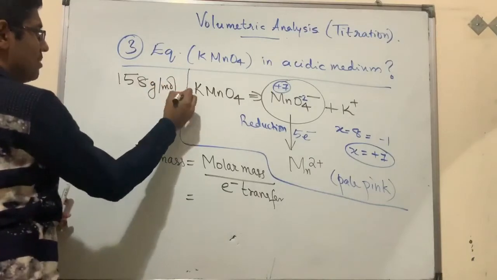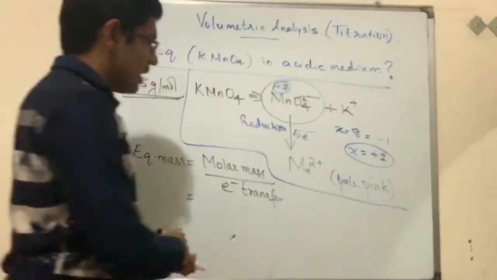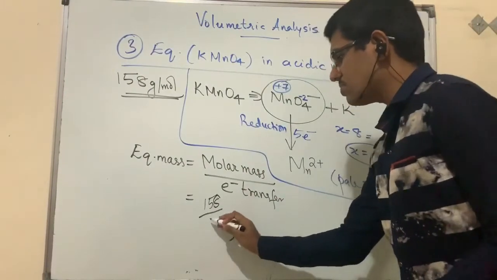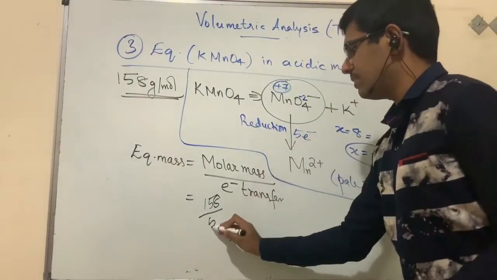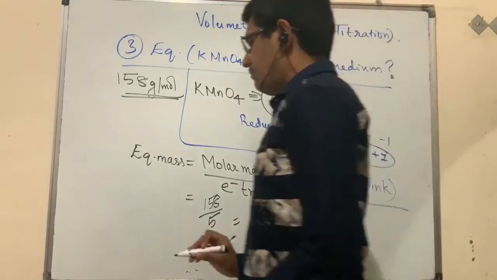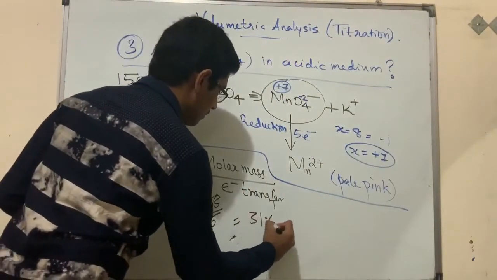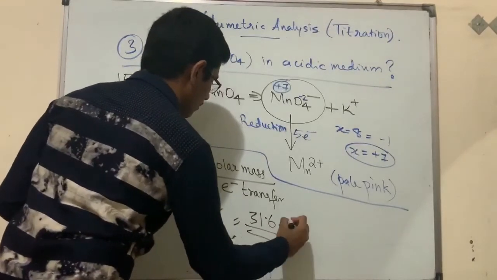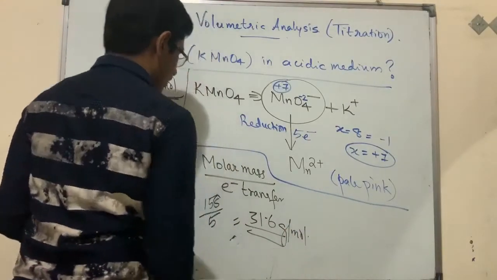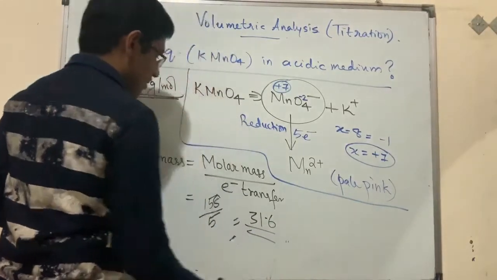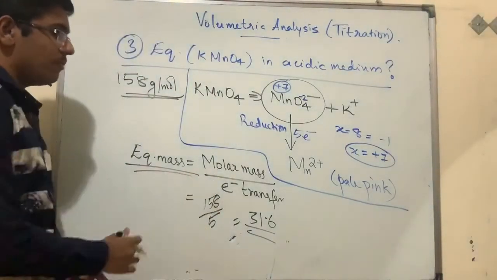This you should always memorize. So the molar mass is 158 divided by the electrons transferred. 5 electrons were transferred. So 158 divided by 5 will give you 31.6 as the answer, approximately 31.6 gram per mole, which is the equivalent mass of potassium permanganate.